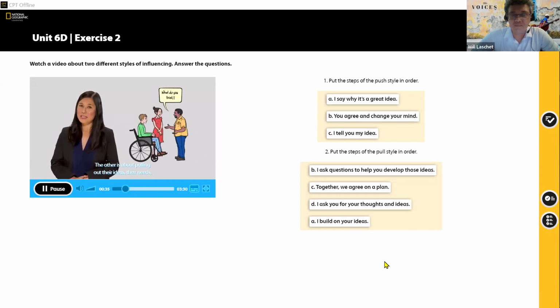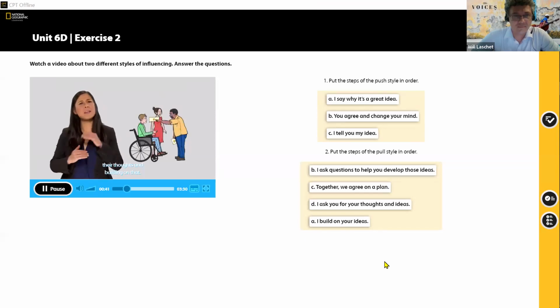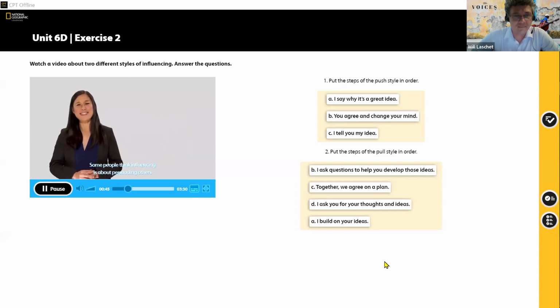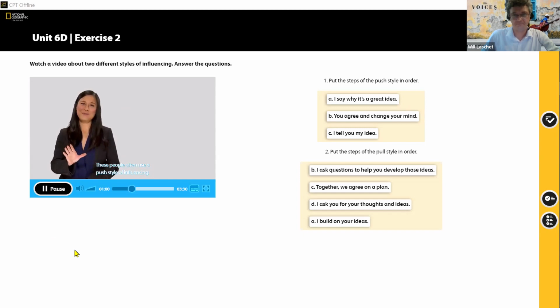The other is about pulling out their ideas, their needs, their thoughts, and building on that. Some people think influencing is about persuading others to do things their way. They feel like they know the right way to do things. These people often use a push style of influencing.